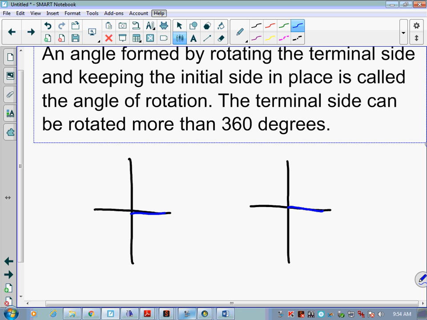But there are some other things you want to know: positive and negative angles of rotation. In a positive rotation, we go counterclockwise.